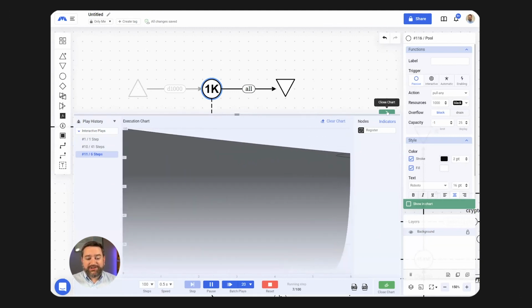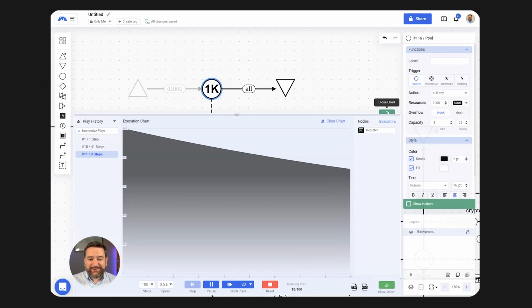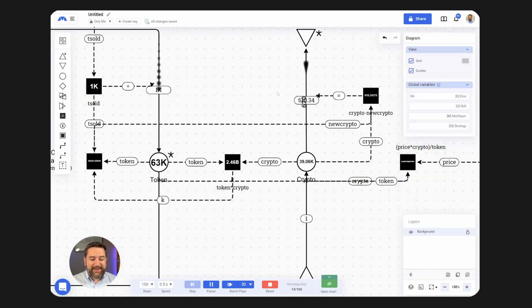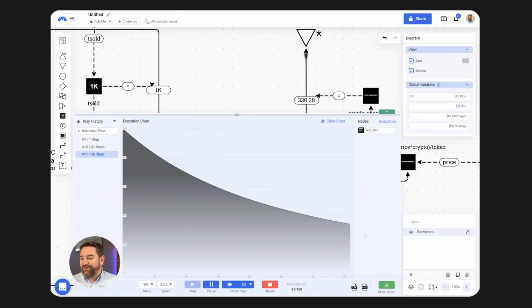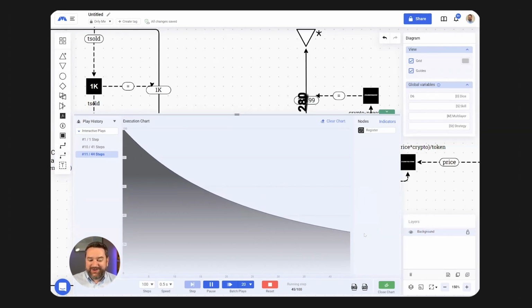So now we've got a constant number of tokens that are being sold. The amount of crypto that's withdrawn each time is slightly less. So this should start to create for us a lovely curve where, because we've got a constant number of tokens coming in, it's showing that bonding curve in the relationship between the two pools.